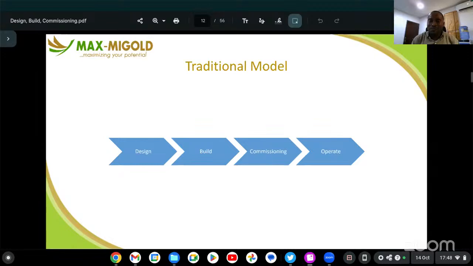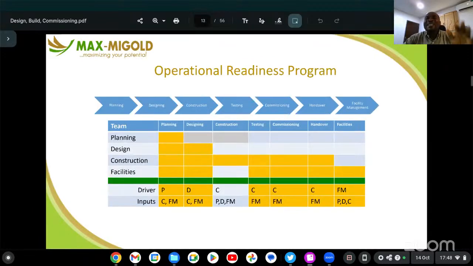But now we're going to look at how we can effectively be operationally ready on site. It goes beyond that traditional way of just design, build, commission, and operate. Now we need to think and plan how we can effectively operate our sites. We need to design concepts. Those concepts need to be executed in an agreed form with specifications that this is actually what I need.